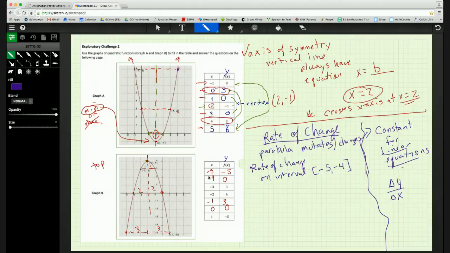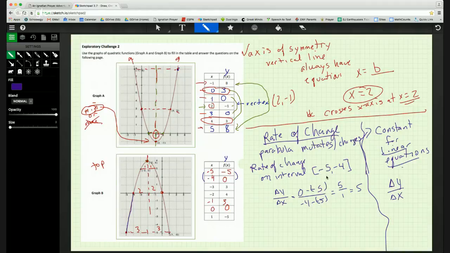So from -5 to -4, delta y over delta x equals 0 minus -5 over -4 minus -5. And that equals 5 over 1, which equals 5. And so we're looking at our slope, kind of our average slope from here to here.